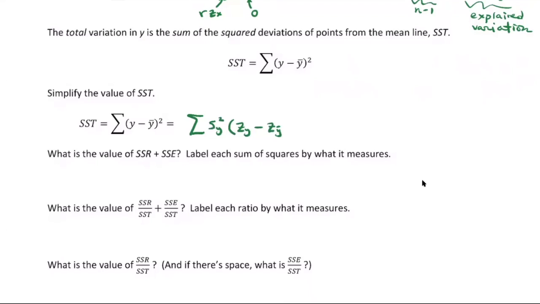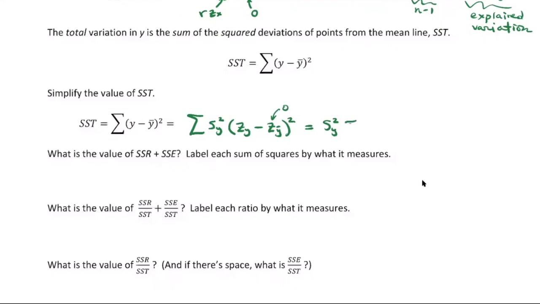But again, the z-score of y bar is the z-score of the mean, and the z-score of any number is the number of standard deviations from the mean. Y bar is the mean, so it is 0 standard deviations from itself. So that's going to be 0 right there. And so in the end, I'll factor out the standard deviation because that does not change from term to term.